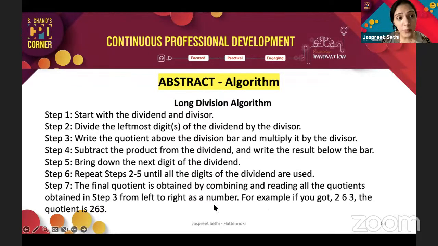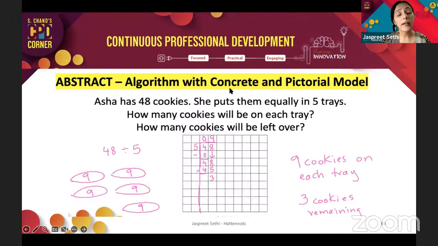And last week, I actually showed you how long division can be taught in a concrete and pictorial way. I'm reminding you of that: Asha has 48 cookies and she puts them equally in 5 trays. I'm giving a story, a context, and I start showing. I had used 10 frames to show this: if I have 48 and I label them as A, B, C, D, E, A, B, C, D, E, I will be able to do that 9 times.